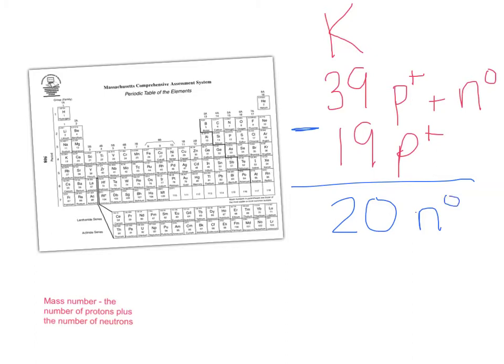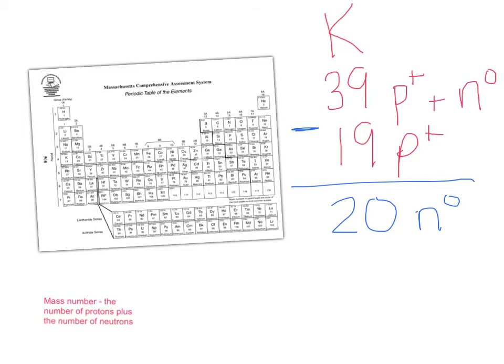That's not too bad, right? Not too bad math. So what you have here is the mass number minus the atomic number will give you neutrons.